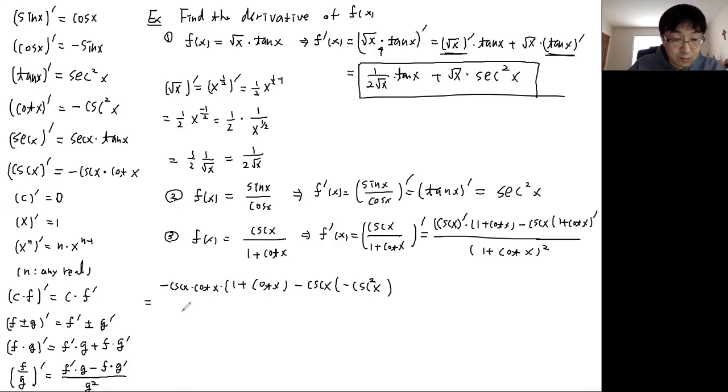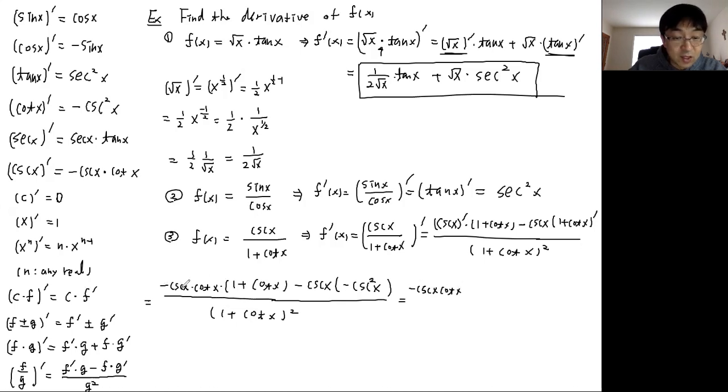The next one, the cosecant x over 1 plus cotangent x squared. So what's that? Here, you have to distribute. The cosecant x, cotangent x times 1 is negative cosecant x, cotangent x.